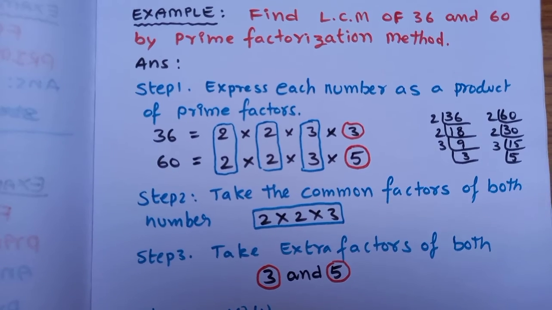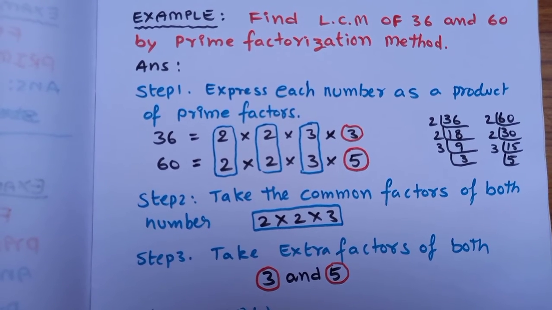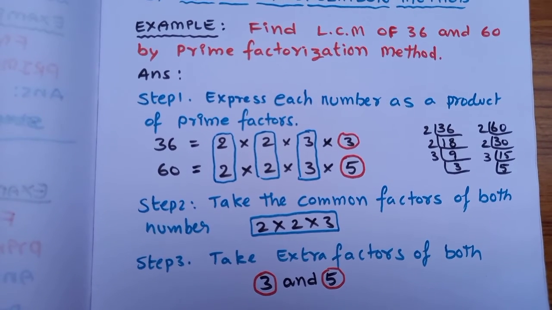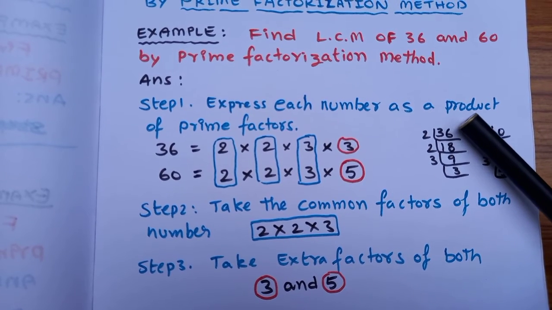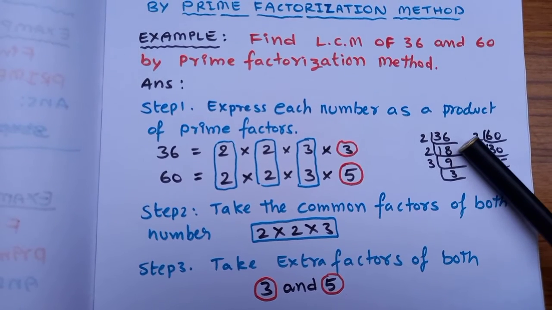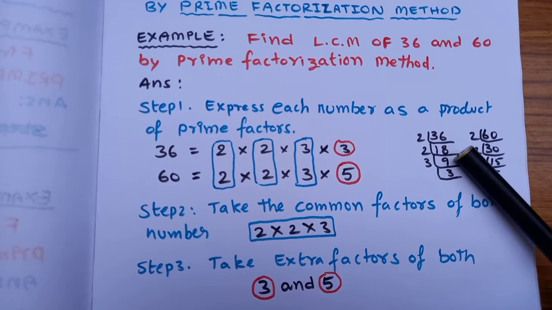Step 1. Express each number as a product of prime factors. Consider 36. To write prime factors, divide using prime numbers. 2 18s are 36, 2 9s are 18, 3 3s are 9.